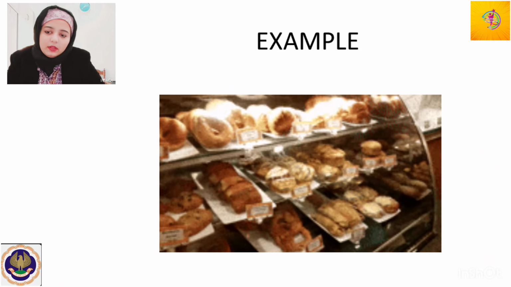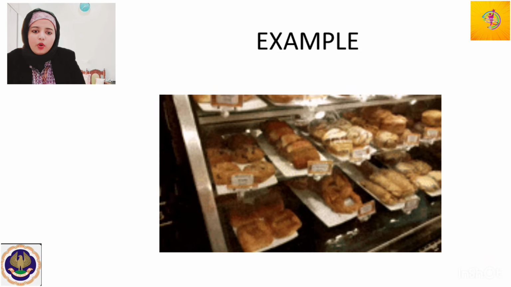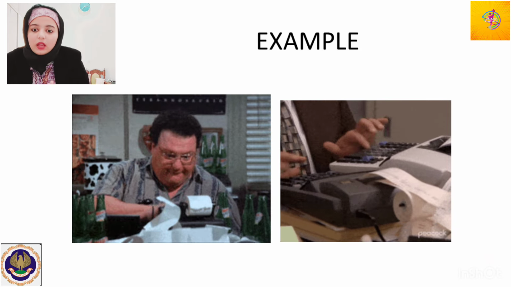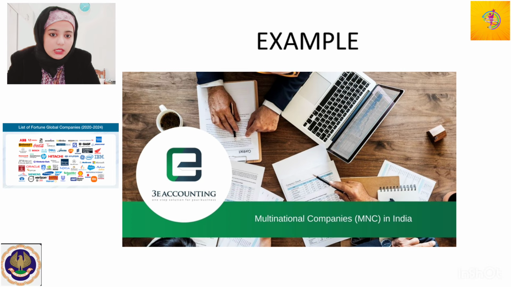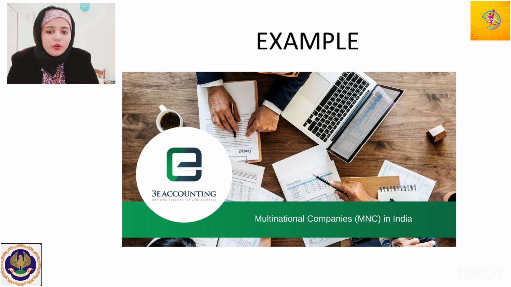For example, a small bakery may not need to follow the same complex accounting standards that a multinational corporation does. For example, smaller businesses might be exempt from certain reporting requirements. But a large corporation with international operations must comply with all the standards to ensure transparency and consistency.